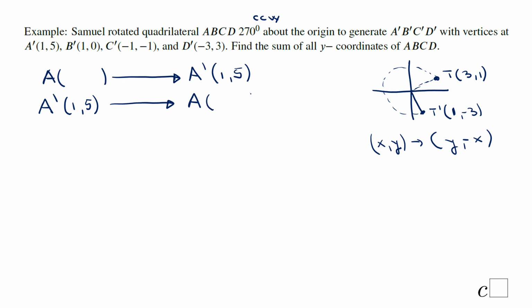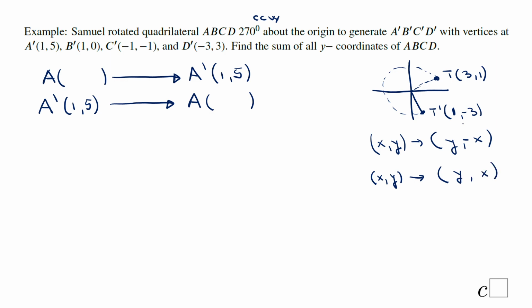So if you want to do that, you have to think backwards, right? So how do I go from this T prime, which I'm going to call now X, Y, to T, which is going to be what? Again, we notice we switch the values, right?